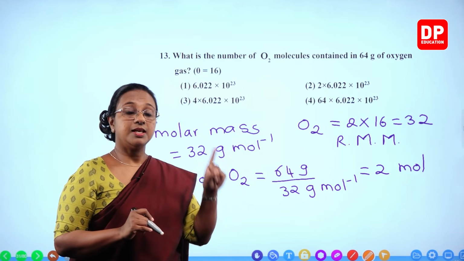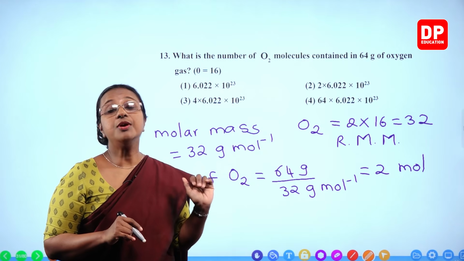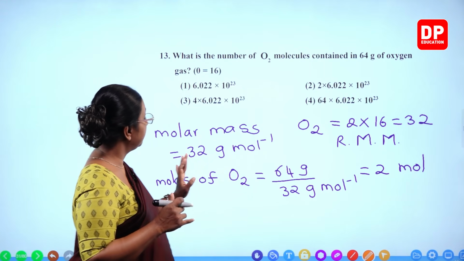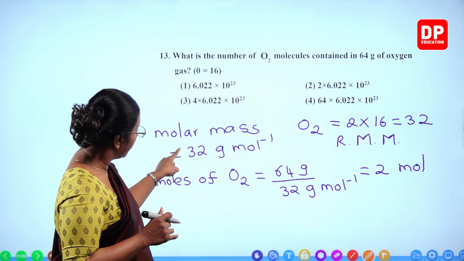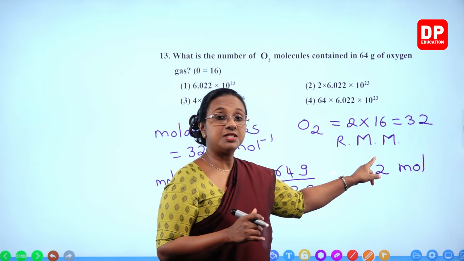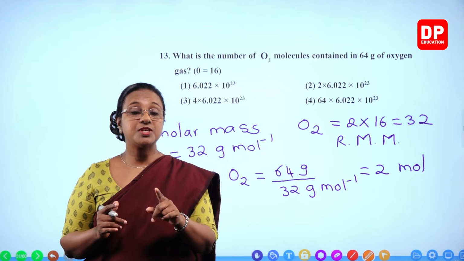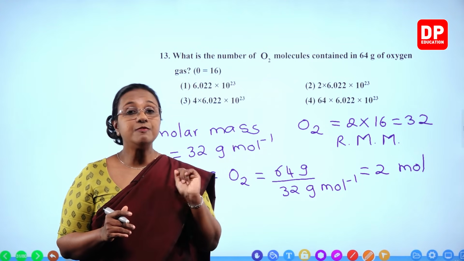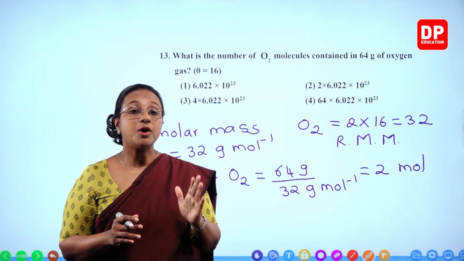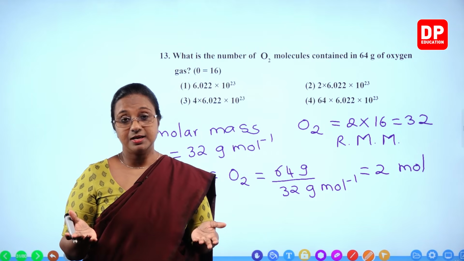Then you know students, in 1 mole, how many particles are there? Avogadro number of particles. Normally when we say Avogadro constant, if you take the molar mass of substance or relative molecular mass of substance in grams, exactly the relative molecular mass of substance in grams, and if you count the constituent particles, there will be 6.022 times 10 to the power of 23 particles.